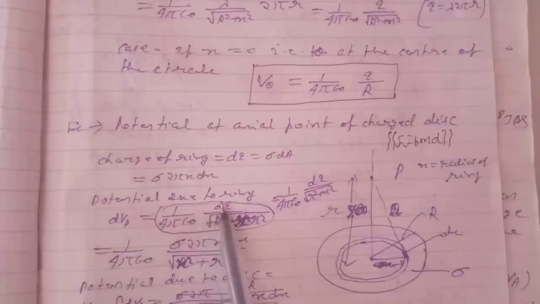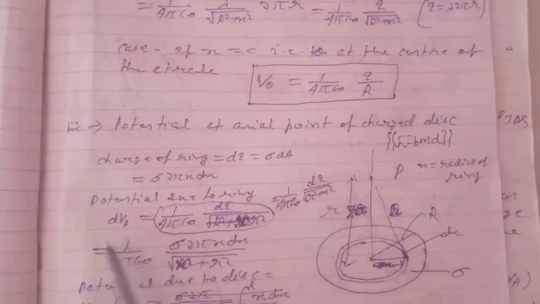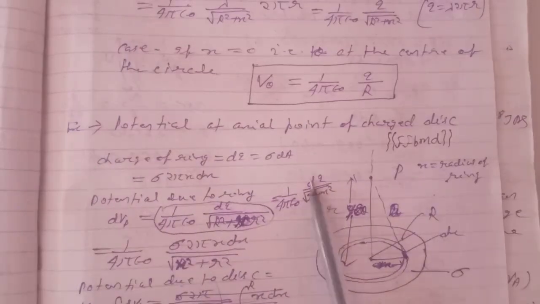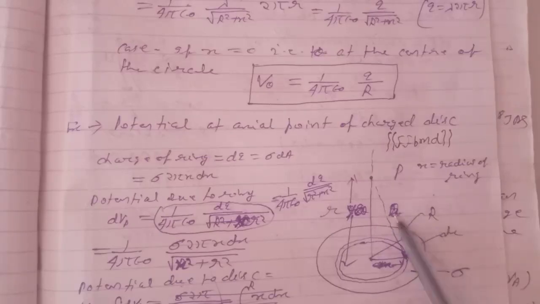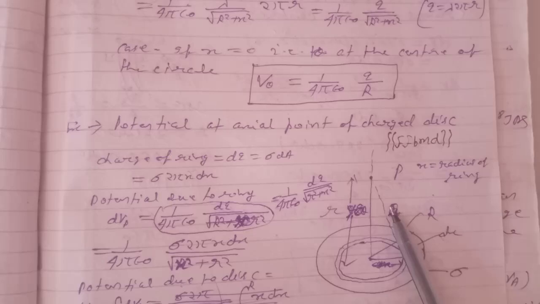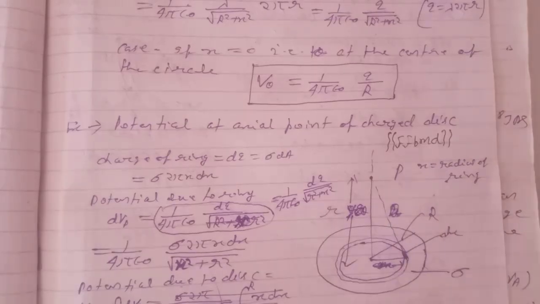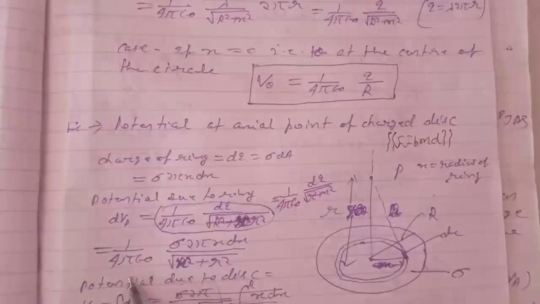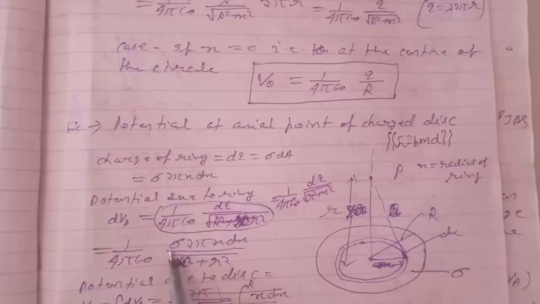Now potential due to the ring at point P will be dVp equal to 1 by 4 pi epsilon naught dq by under root r square plus x square, which we have calculated earlier. Putting the value of dq, sigma 2 pi x dx by under root r square plus x square.